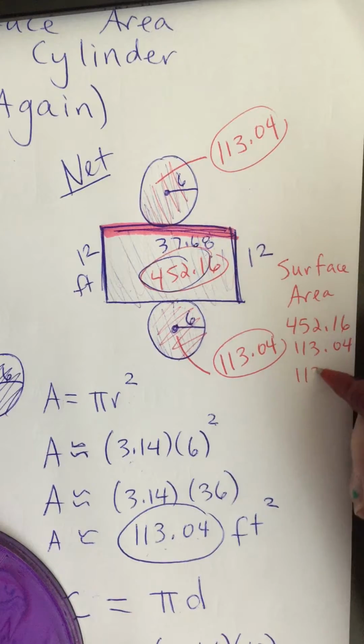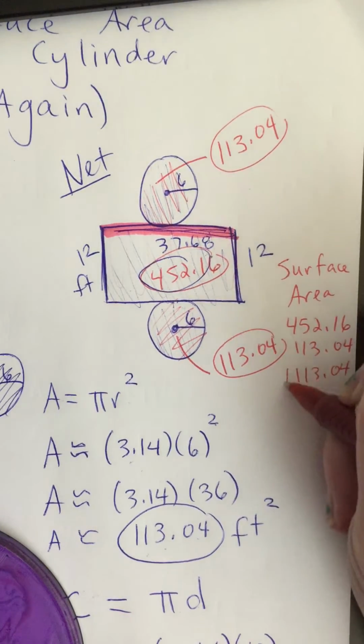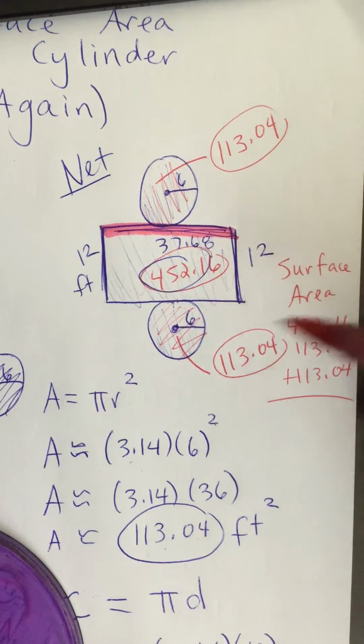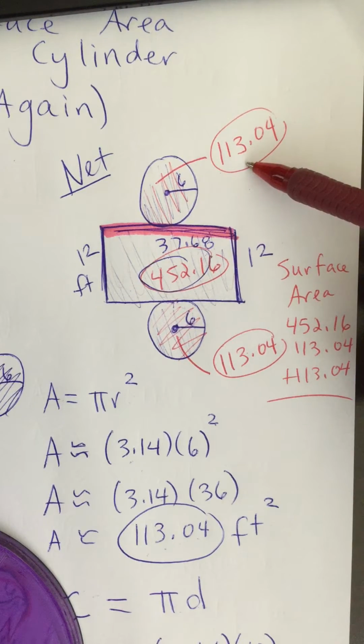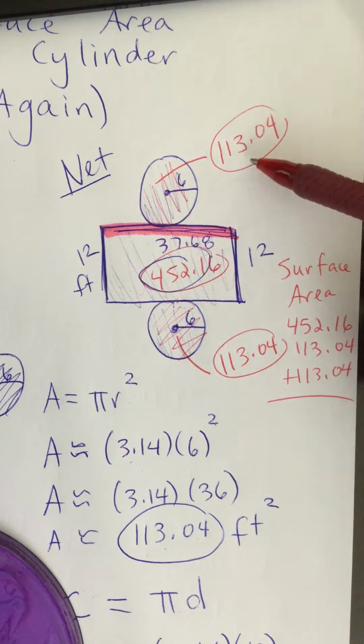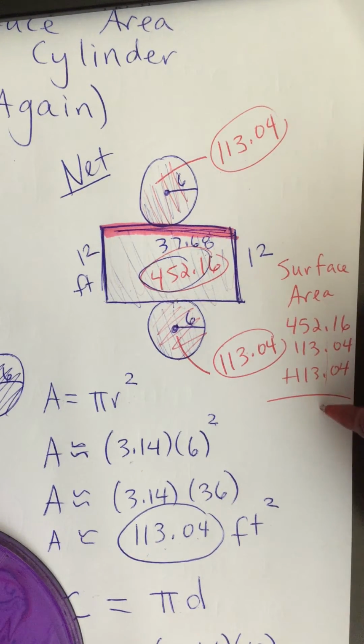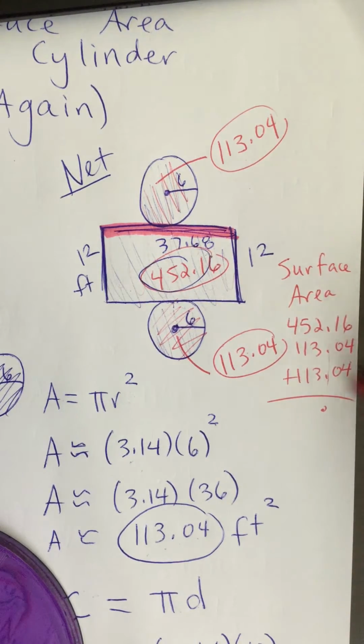I'm going to add another 113.04. Now you can add them all up, or you could maybe times that by 2 because you have 2 of them. So times that by 2 and then add that, and it's the same answer. Make sure your decimals line up, because your parts need to line up and your whole pieces need to line up.